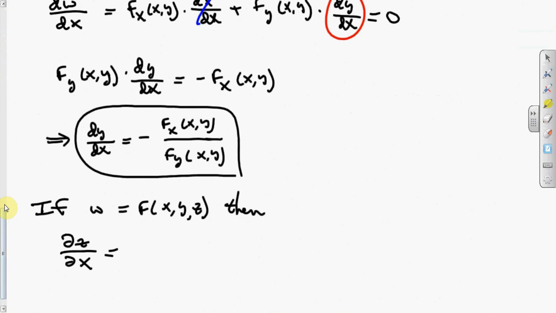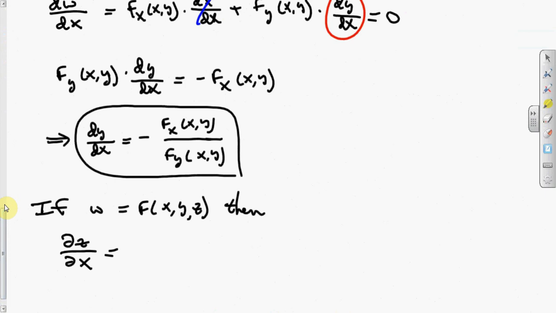Here's what I'm getting at. Let me show you the trick. If I'm looking for dy over dx, then this is always equal to a negative ratio of the partial derivatives. Now, what would these partial derivatives be? This is how I keep it in my head. If this is dy up here, downstairs is the partial of f with respect to y. If this is dx here, upstairs is the partial of f with respect to x. It works like that for every last one of them.